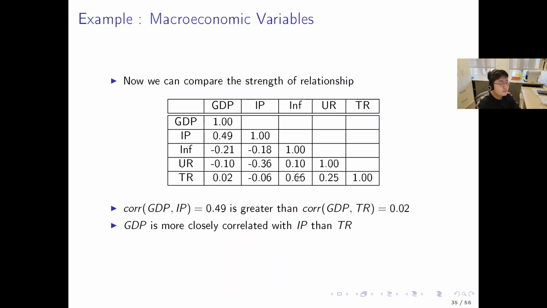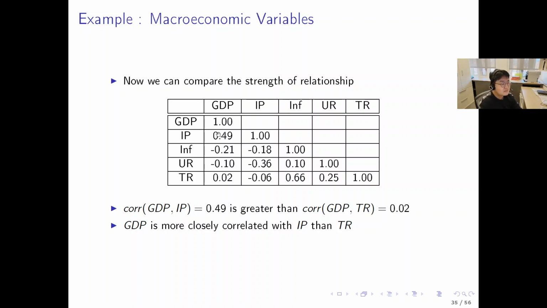And what we can do more is compare the strength of the relationship. GDP and the IP growth rate have a strength of 0.49, which is greater than the strength between GDP and treasury bill rates, which is only 0.02. So the strength can be compared across different pairs of variables, right?